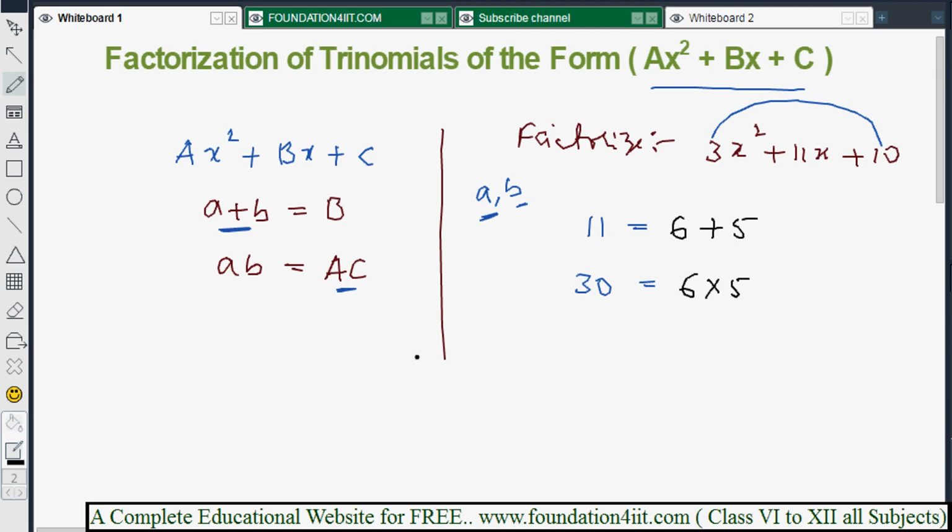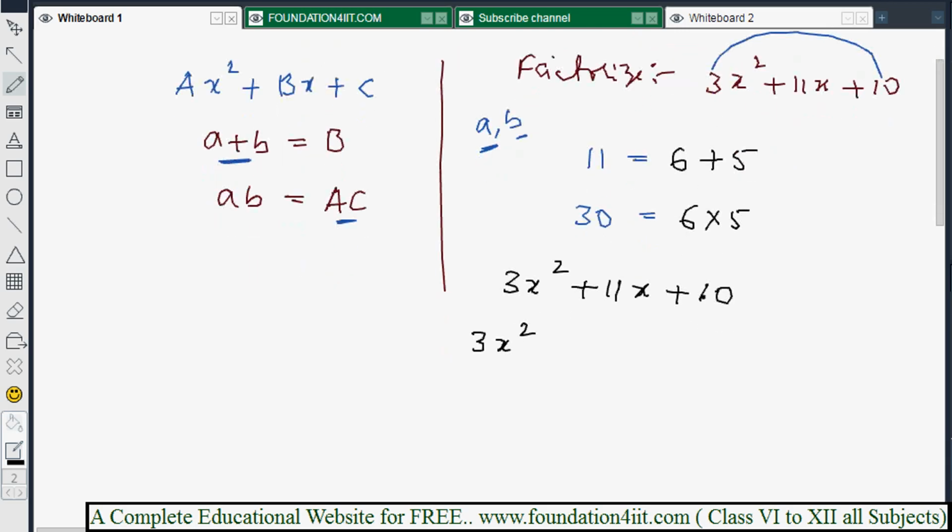Once you can do this, it is very simple. Now we write 3x square plus 11x plus 10. The starting term 3x square we write as is, and the third term plus 10 as is.